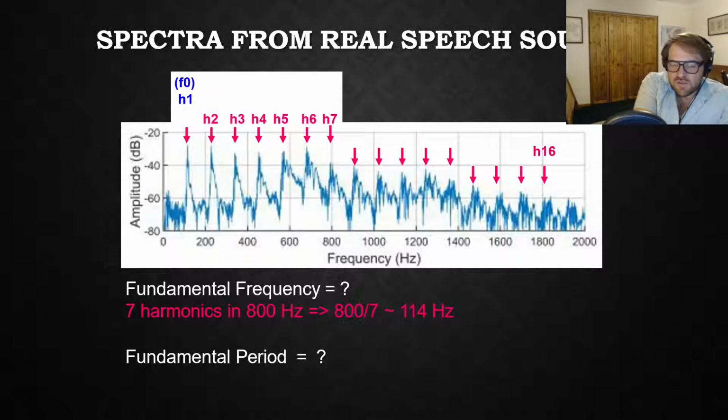What is the fundamental period? You have to work backwards. So how do we do that? Well, the formula is F equals 1 over T. If we multiply both sides by T, that gets rid of the T in the denominator.